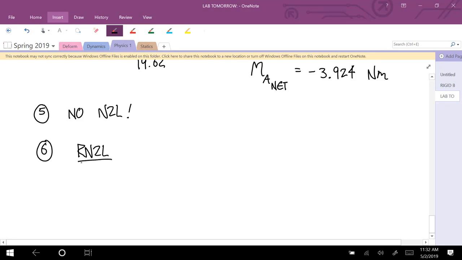Rotational Newton's second law. And that says the net moment about A, negative 3.924, is equal to 0.13 repeating times alpha. And so the angular acceleration is, can someone divide that?